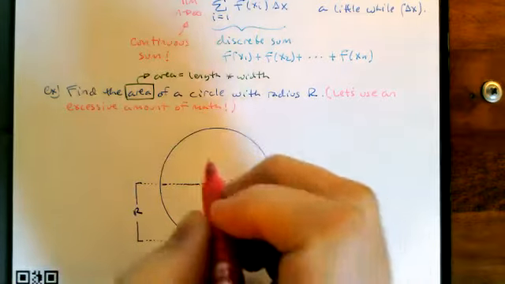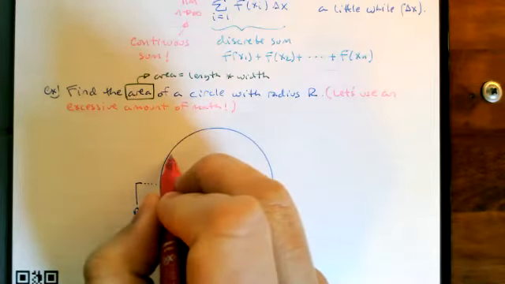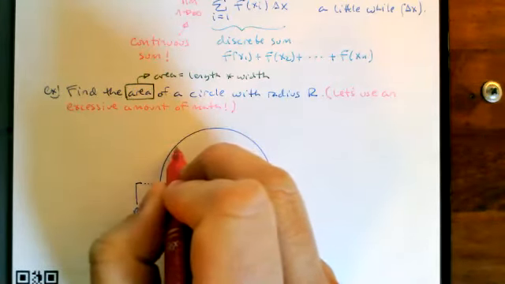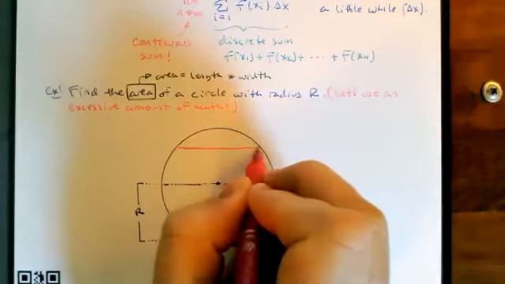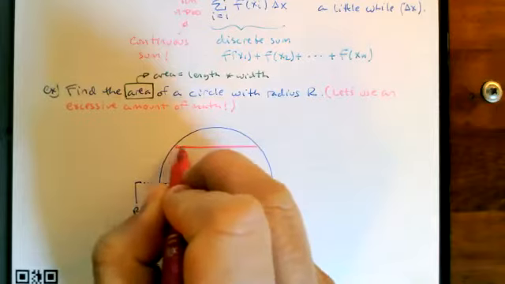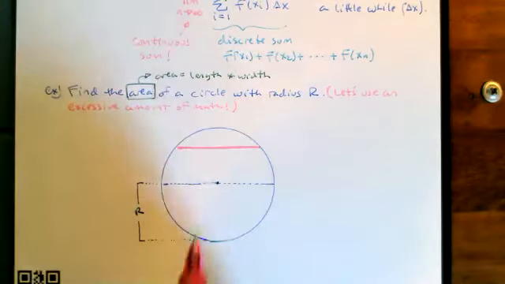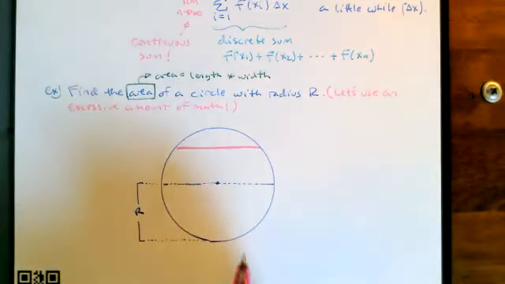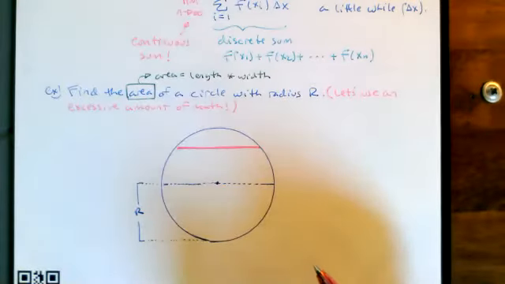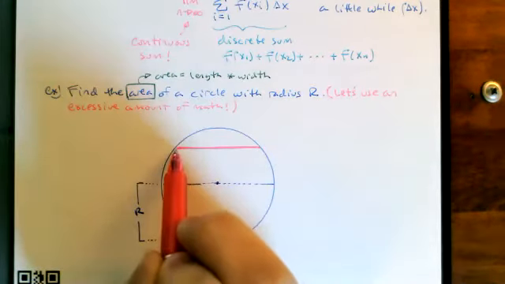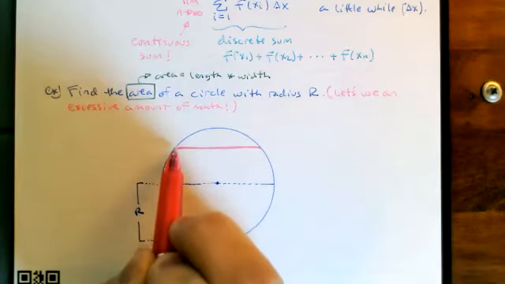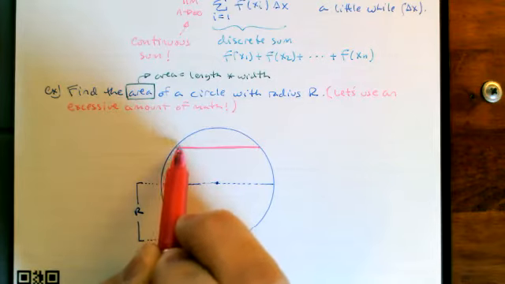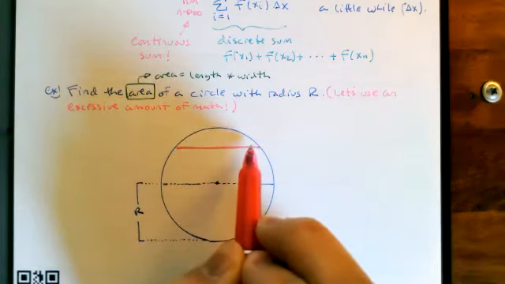So notice that if I pick a line right here, higher up, if I cut the circle right here, if this is the width, then the length is going to be changing because the circle is cutting in. I'm not going to be able to fit a rectangle.